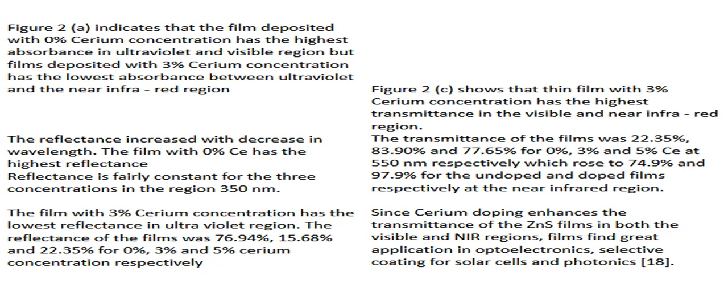So doping with cerium enhances transmittance of the zinc sulphide films in visible and also near infrared regions, and as a result, these films could find application in optoelectronics and selective coating for solar cells and photonics.